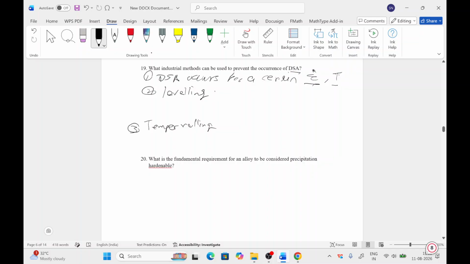In leveling, we use small diameter rollers to move back and forth on aluminum sheets.